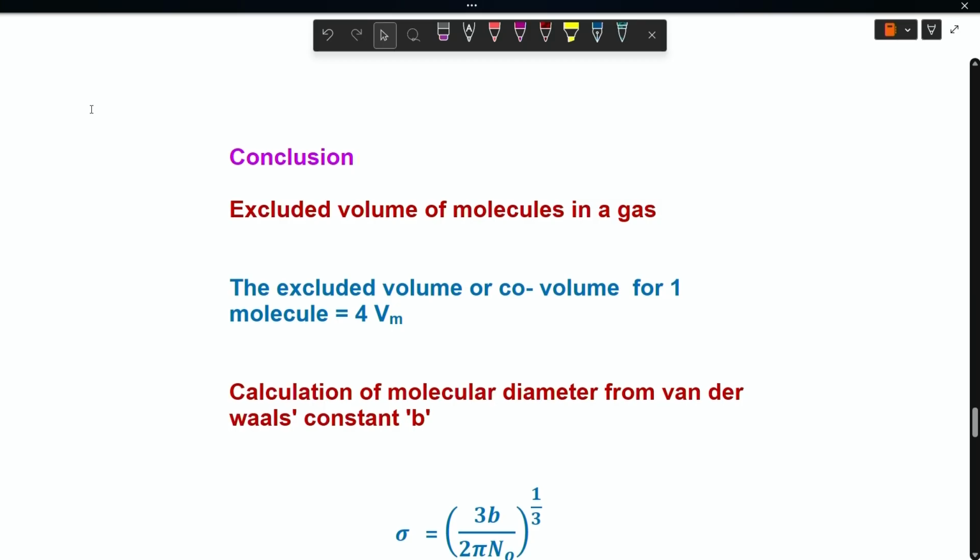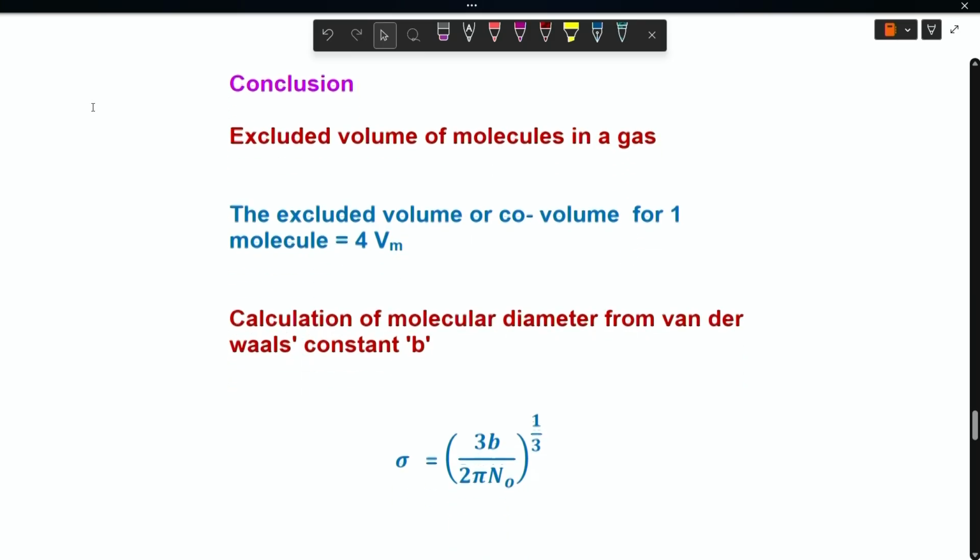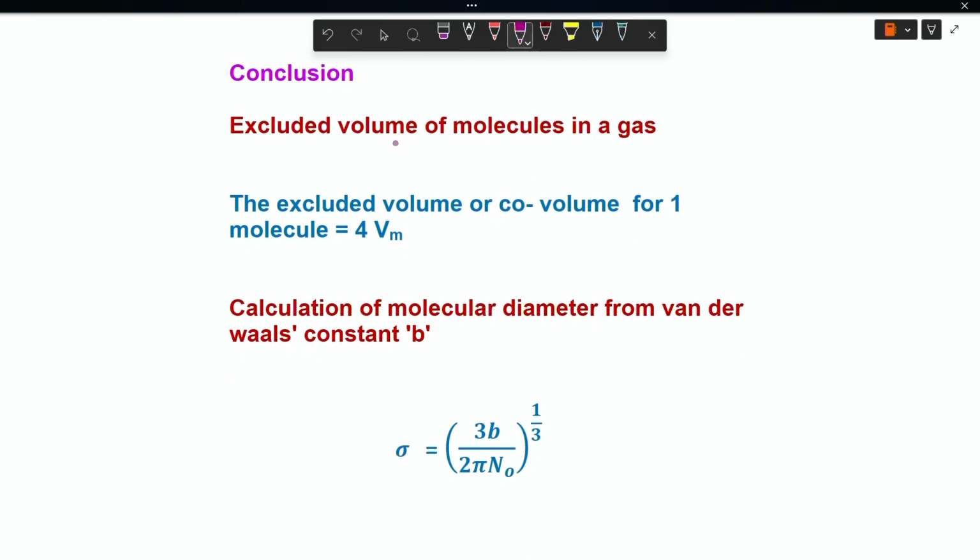Now, to conclude, we have been seeing in this session the excluded volume of molecules in a gas, that is, the volume of the molecules. It is also known as the co-volume when it is for 1 mole.